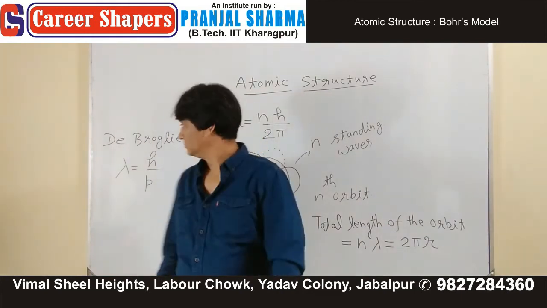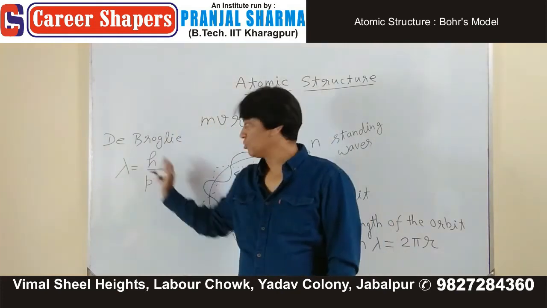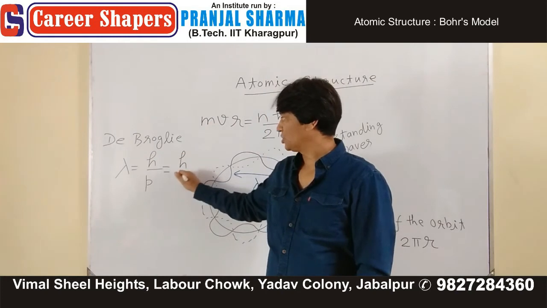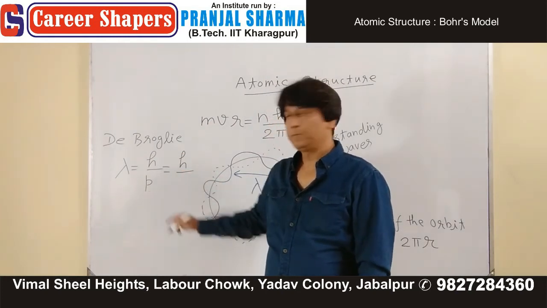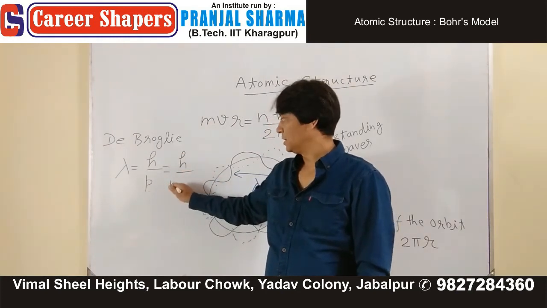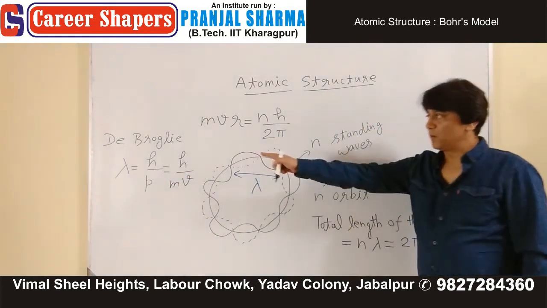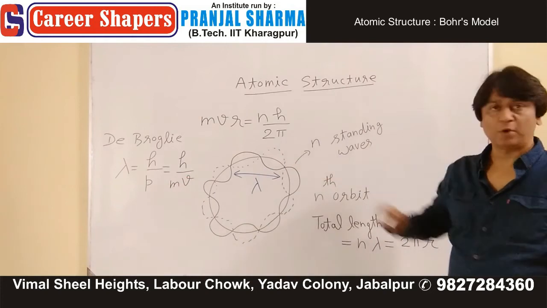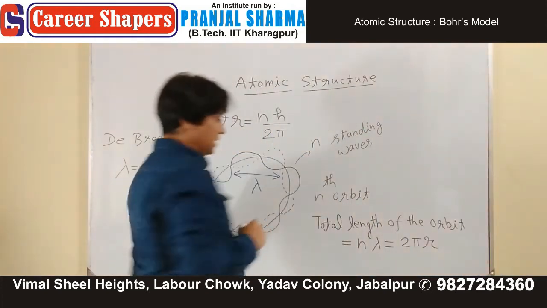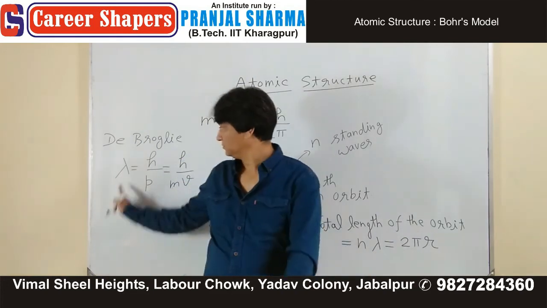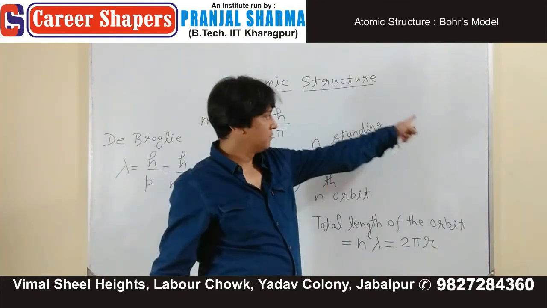Now, according to de Broglie, your lambda is basically h upon p. What is p? m into v. So I can replace the wavelength lambda with h upon mv.